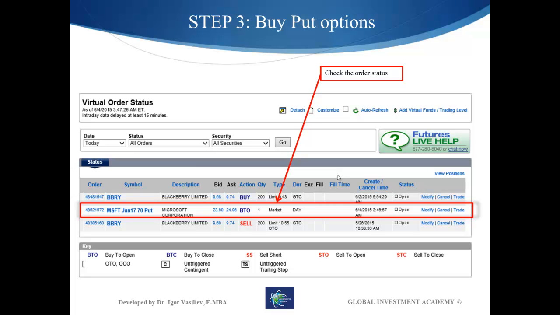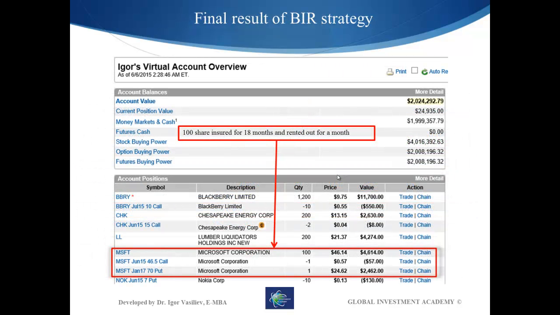It's still open, right? But it is going to fill in a few seconds, and that's what happened. And we can see that now we have Microsoft shares, 100 shares. We sold the call, and we received, at the moment, 57 cents already towards the cost of it. And we have the put. So we insured our shares and we collected the first rent.